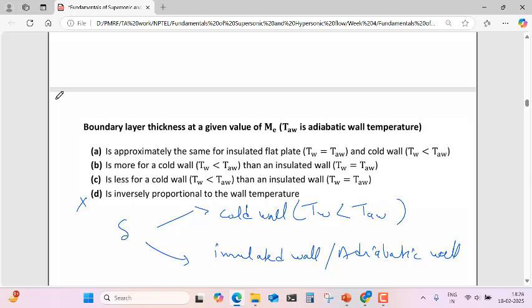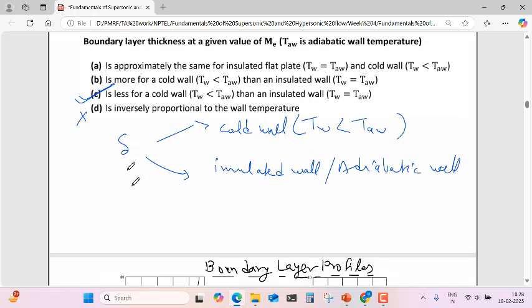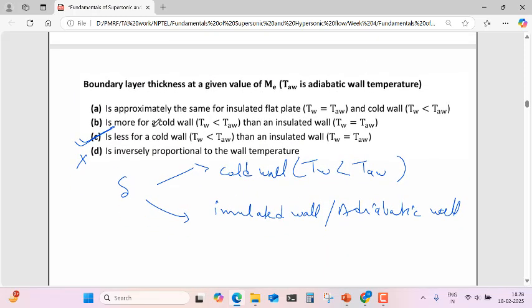Sir, it's less for the cold wall, sir. No, it is less for the cold wall. We'll see how.